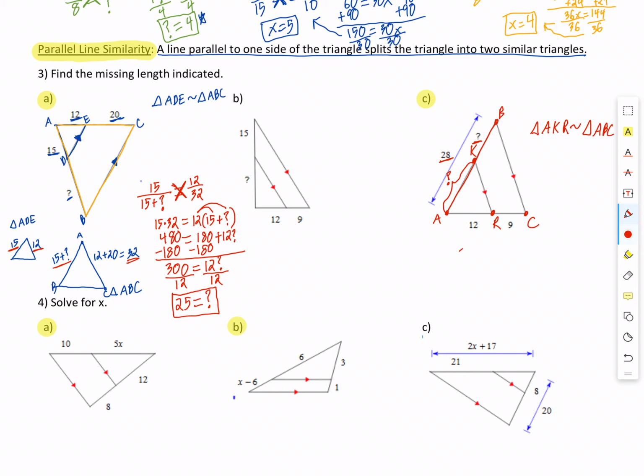So now we have that 28 over 28 minus question mark are proportional. And then if we look at AC, 12 plus 9 is 21, and that's proportional to AR, which is 12.